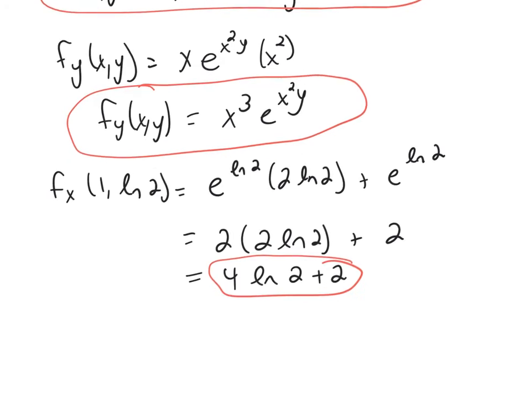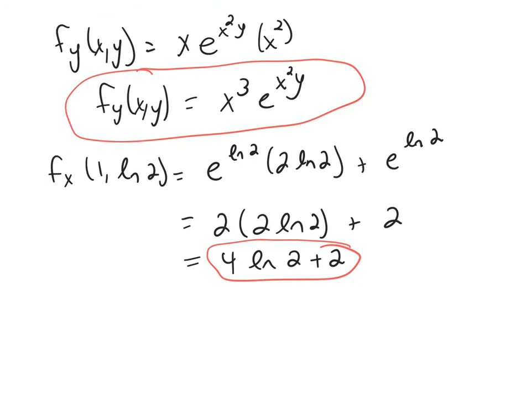So there's fx, so then I just need fy evaluated at my point 1, ln 2. So if I plug it in, you get 1 cubed, which is 1, e to the ln 2, which is just going to be 2.